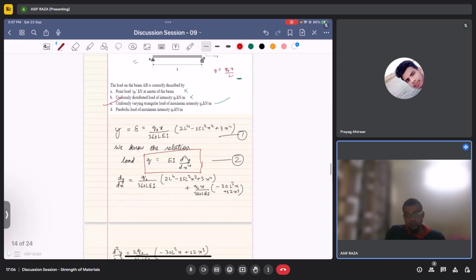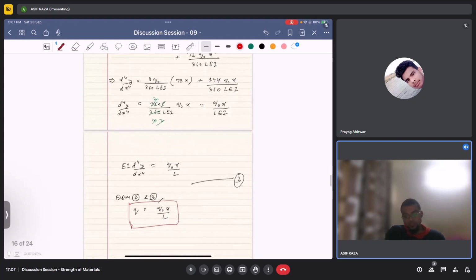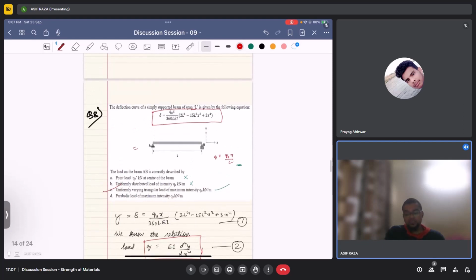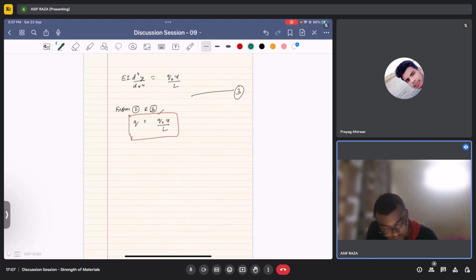Then we found that q is equal to q naught x by L, and consequently the correct answer would be option C, uniformly varying triangular load of maximum intensity q naught kilonewton per meter. That is our loading condition.